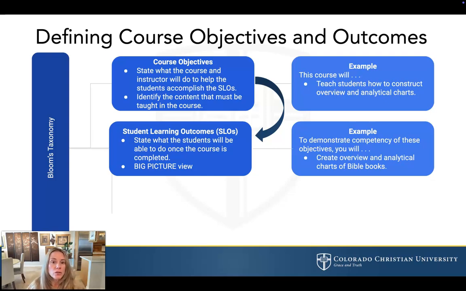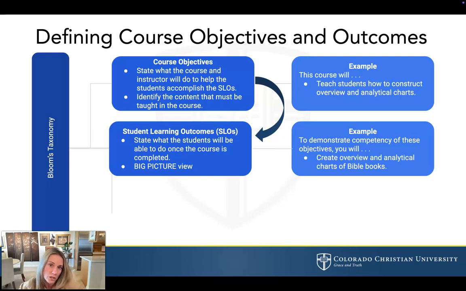And then the student learning outcome that matches that course objective should be one-to-one, right? We should be able to clearly match up, draw arrows, just like there's an arrow here. I should be able to draw an arrow between each course objective and each student learning outcome for the entire course.